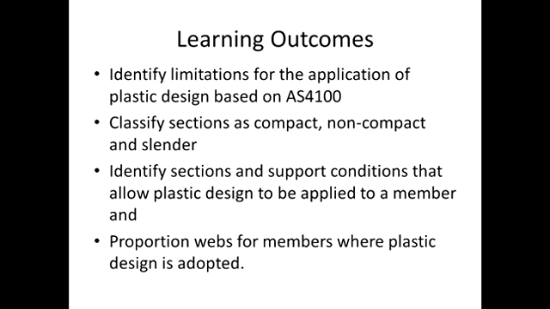And we will also look at some of the... So when we use plastic design, we have the formation of plastic hinges, and the standard also recommends what the proportioning of the webs should be.